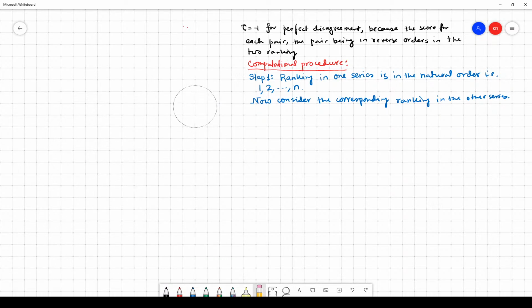Suppose, I already considered this example in my previous class, so I refer to this.